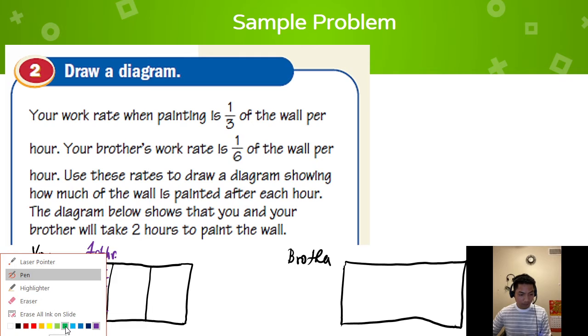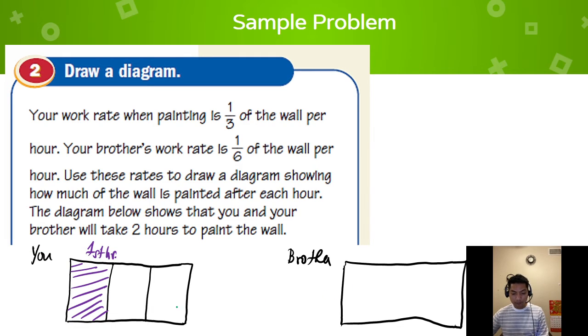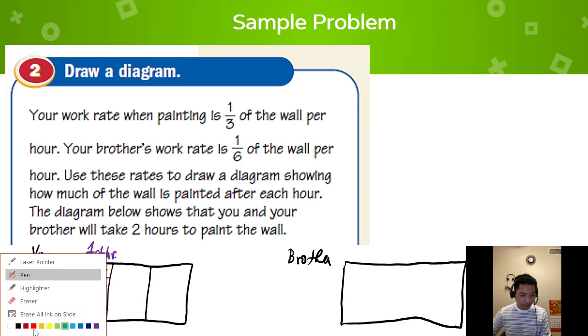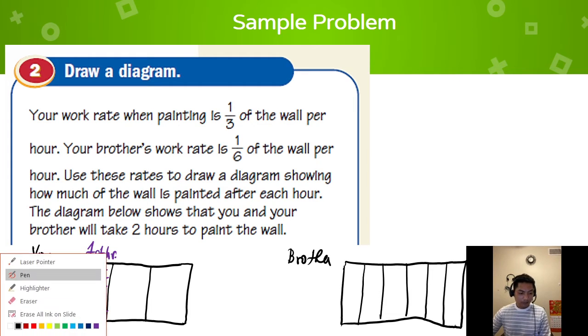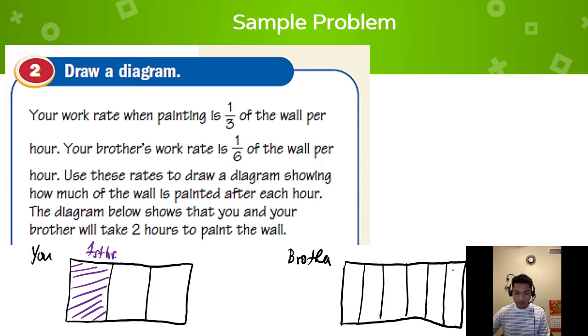Now for your brother, let's look at the perspective of your brother. So we can divide the wall into 6 parts. So we can have this one. Okay? So I'm going to draw or color this side right here.